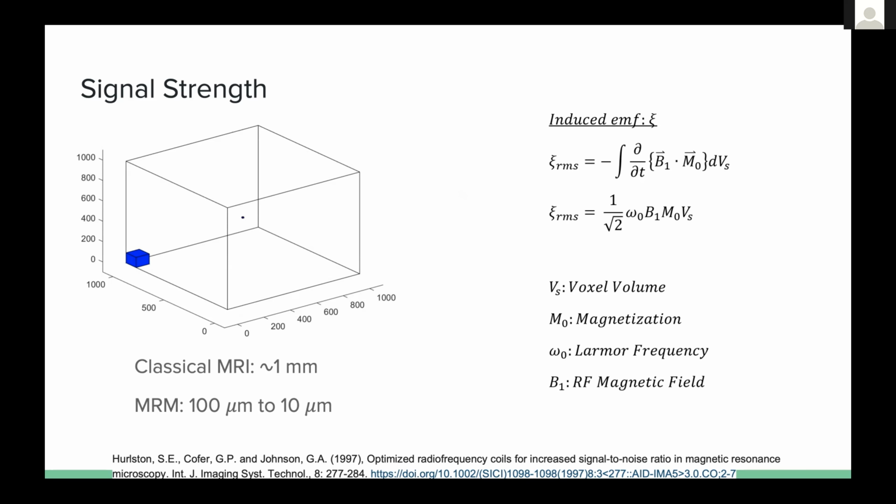So the other option that we can change is our B1 field, which comes from our RF coil. So we're going to look at how coil design affects your RF magnetization field and how we can optimize that to get a stronger signal, which helps as we get better and better resolution and smaller size. We're able to have a higher sensitivity to whatever we are trying to image.